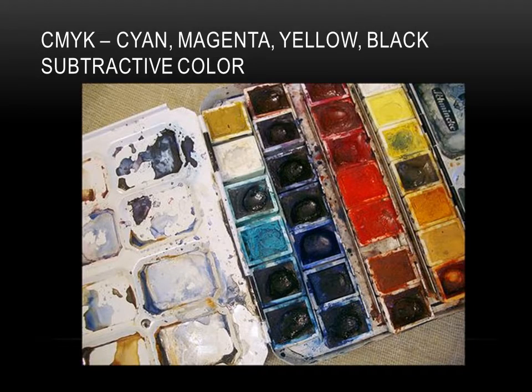Now, the problem with cyan, magenta, yellow was the problem we encountered in 3rd grade when we were playing with our watercolors. And that is, if you mix all the colors together, which most of us did, you don't get black. When you mix them all together, you get a muddy, dirty, sort of weird brown. So when we actually do printing, we use the cyan, magenta, yellow, and then they add black.